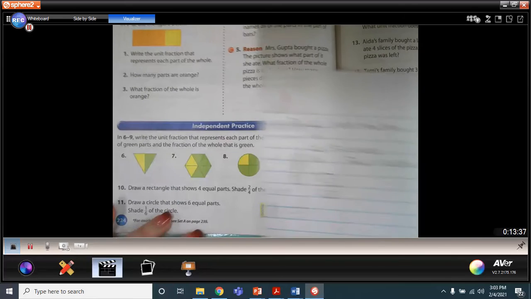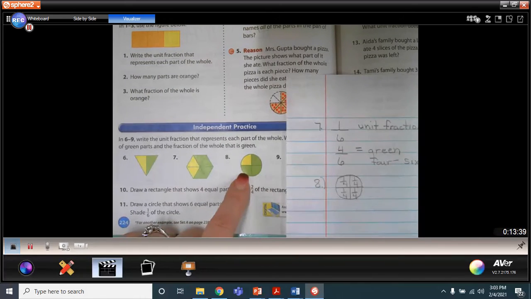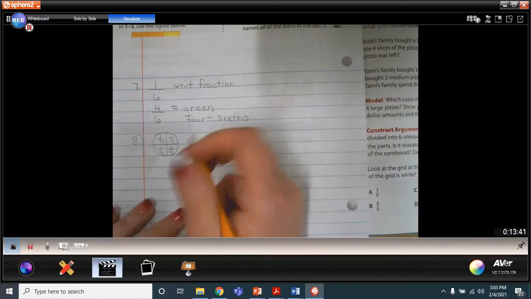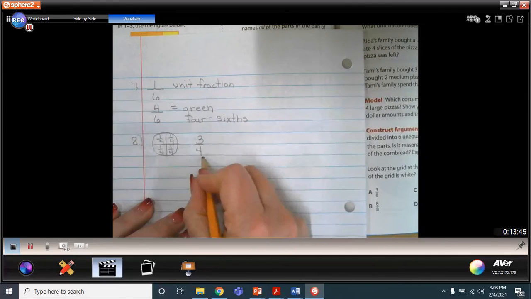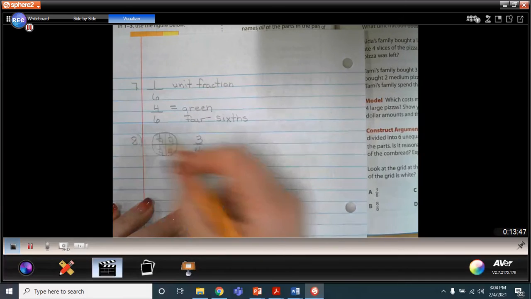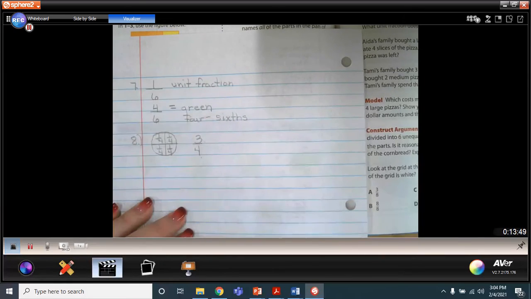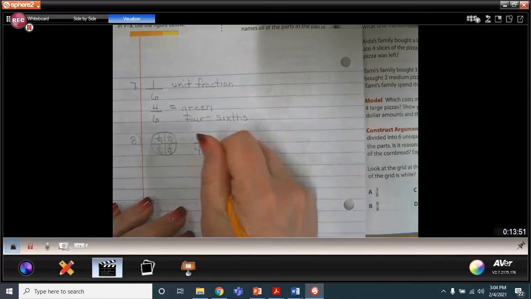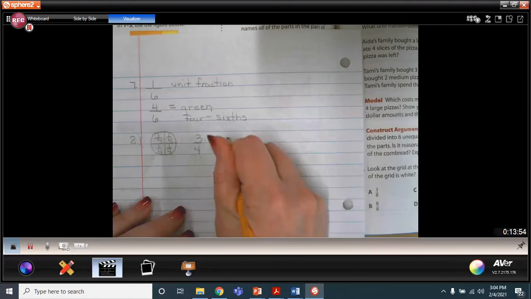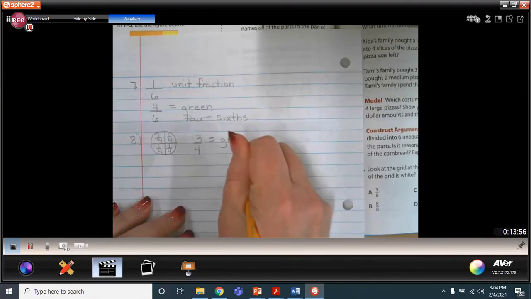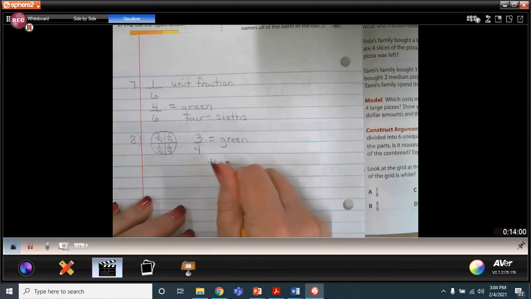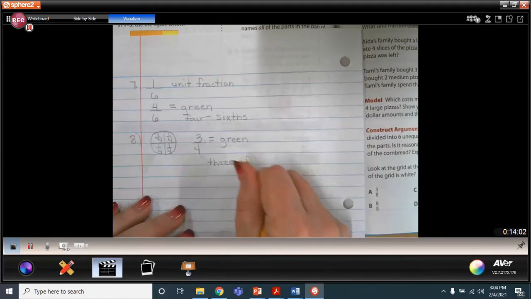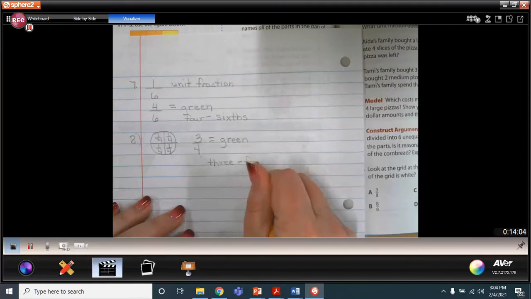Now, the green part, I have 1, 2, 3. I have 3/4 because I have 4 total pieces, 1, 2, 3, 4, but 3 I'm counting are green. So 3 of the pieces are green of the 4. And to write this in words, I would write it as 3/4.